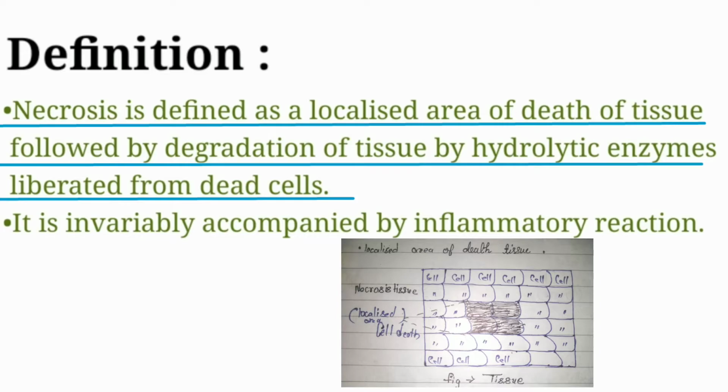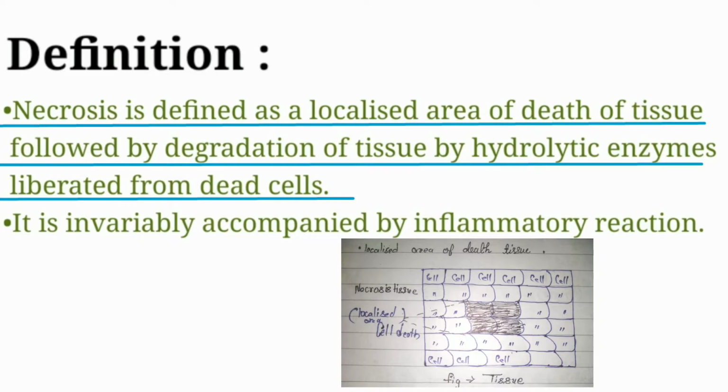Okay, what are hydrolytic enzymes? Hydrolytic enzymes are the enzymes secreted by lysosomes. Actually guys, lysosomes contain 40 types of hydrolytic enzymes. These include cellulase, protease and lipase also.